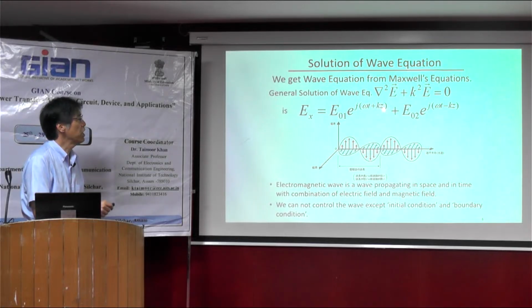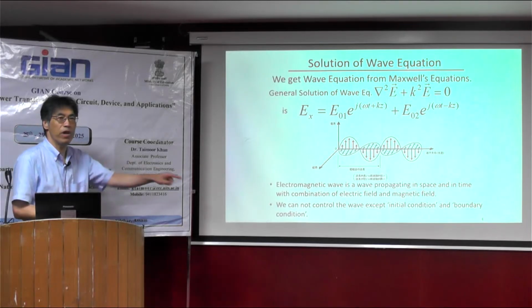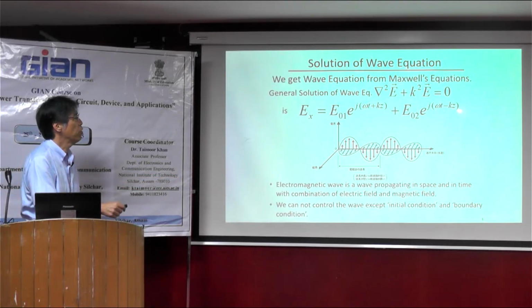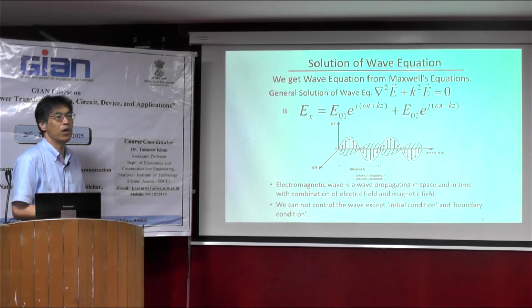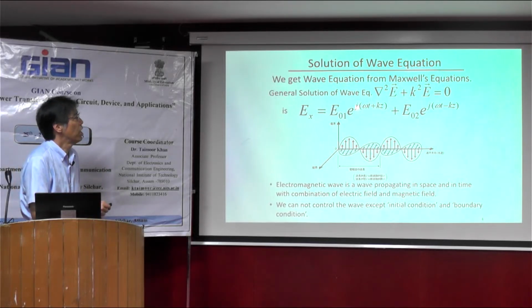And additionally, in the z direction, it's the same, e^{jkz}. Time is only one way, but the z position is a three-dimensional way. So in this case, positive propagation and negative propagation, we must combine. So as a result, this formula we get from the Maxwell's equations.